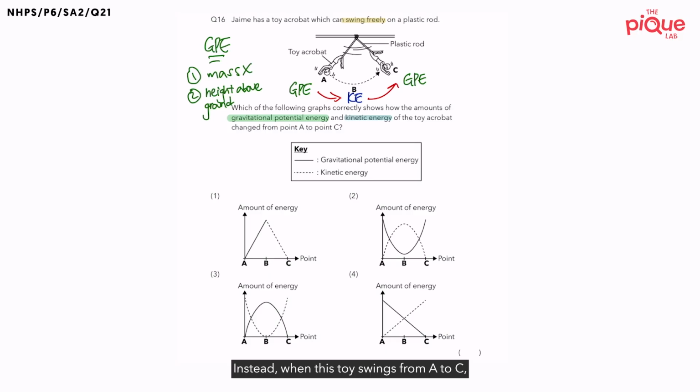Instead, when this toy swings from A to C, do you think its height above ground changes along the way? Yes. Therefore, we will focus on the factor of height above ground. When the toy swings from A to B, it is moving from a greater height above ground to a lower height above ground. So does the GPE increase or decrease?